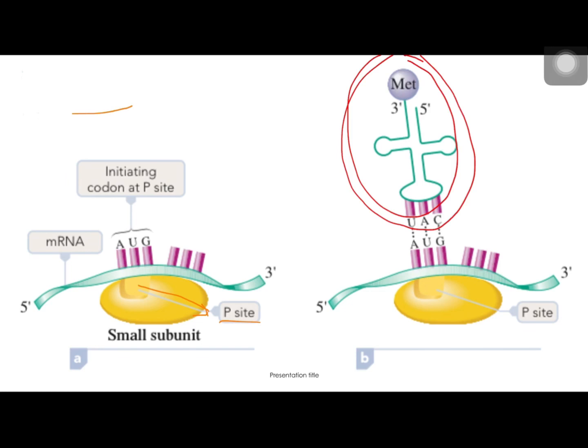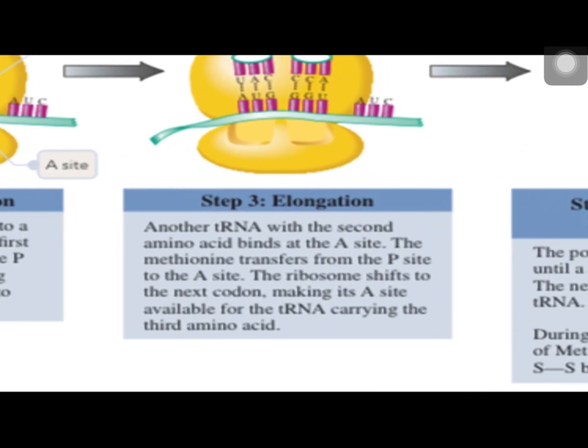If our first codon is AUG, then our anticodon should be UAC, and the amino acid that the tRNA carries should be methionine. Once the tRNA attaches to our first codon AUG, we have finished the initiation process. So let us now move to the third step, which is elongation.